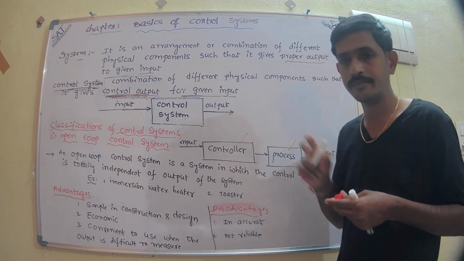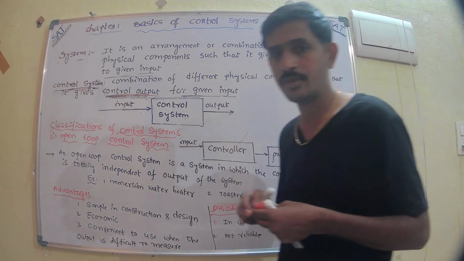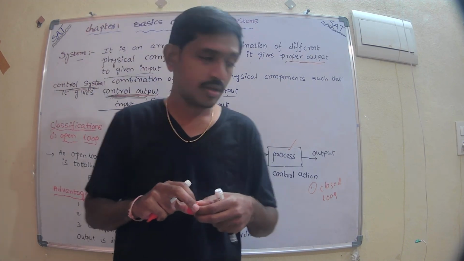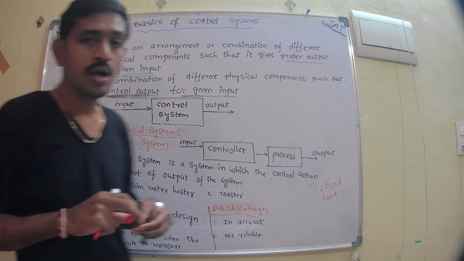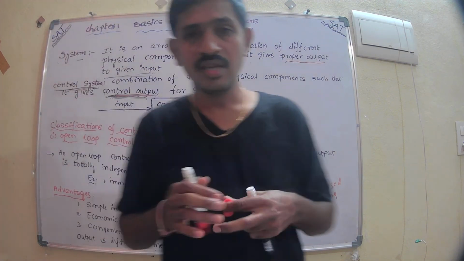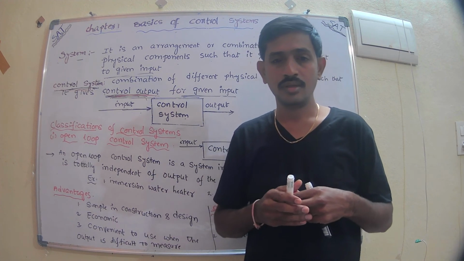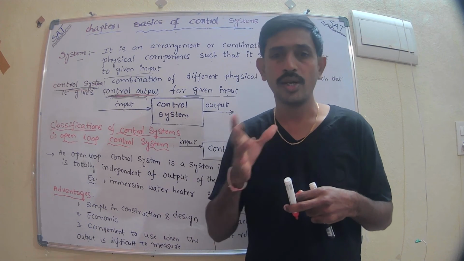What is that meaning? I can take one example here. That is a water heater, an immersion water heater. If you insert the water heater into the water, it always heats the water.